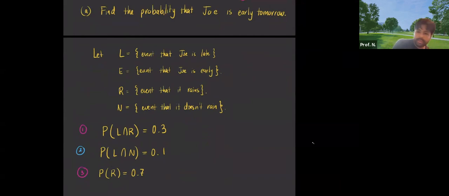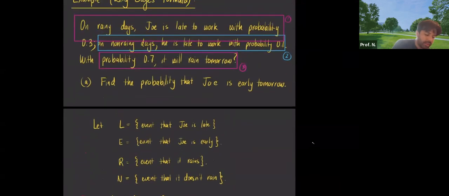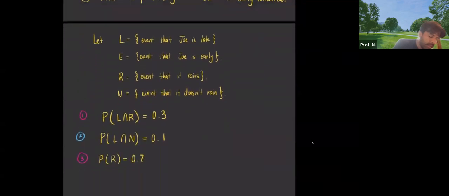So if it rains with the probability of 0.7, what does it mean? Do I have any other information that stems from it? I think we have to rewrite these first two statements, but this last statement, probability that it rains equals 0.7, right? Do I have any other information?